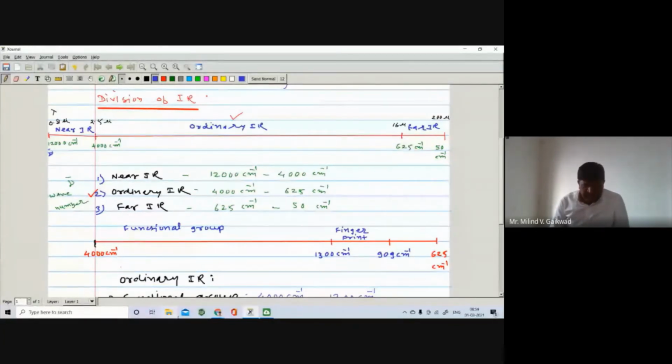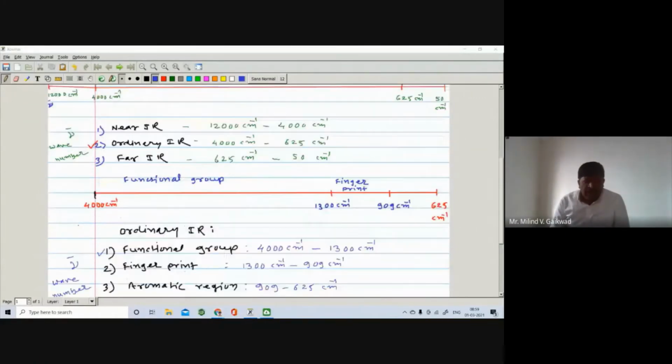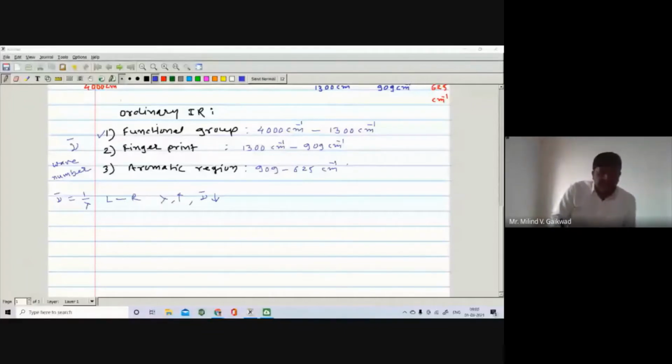Again, the ordinary IR is divided into three parts: one is the functional group region, second the fingerprint region, and third the aromatic region. Now we'll see what is the use of each region.